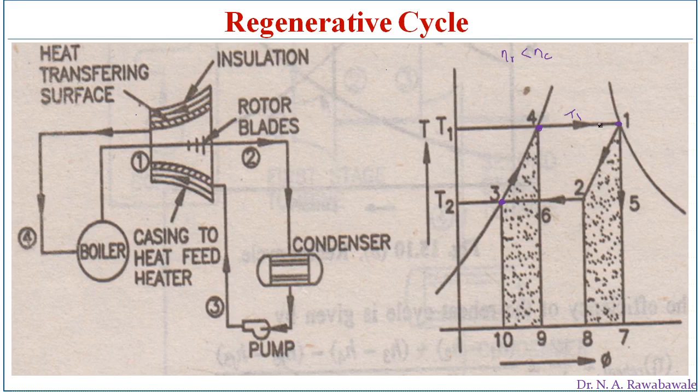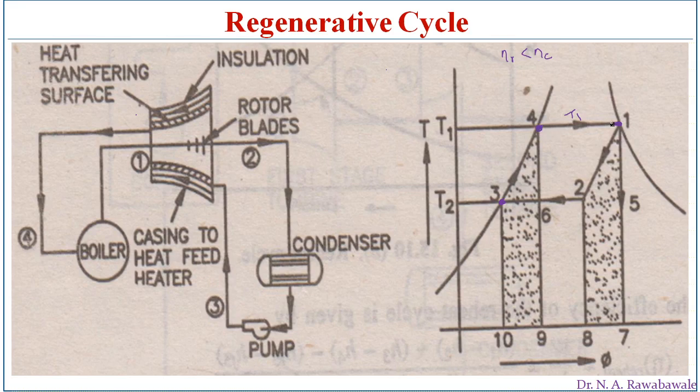Rankine cycle. So in order to increase the efficiency of the Rankine cycle, what is the demerit? In the Rankine cycle, heat is supplied from lower temperature T2 to T1 up to point 1. First sensible heat is supplied, then latent heat of vaporization is supplied. But in the Carnot cycle, only latent heat of vaporization is supplied.